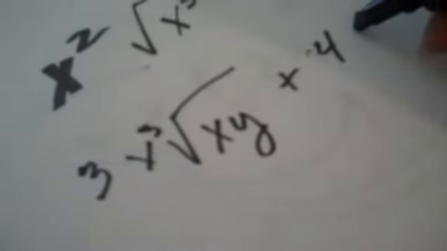All right, let's look at some additional operations with fractional exponents. Let's say that we had 3x times the cube root of xy plus 4 times the cube root of x to the 4th y plus 6.